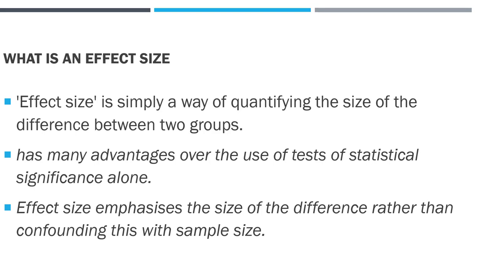So this is the genuine size of the difference, as opposed to a difference in relation to how large your sample size is, which is commonly associated with the p-value.